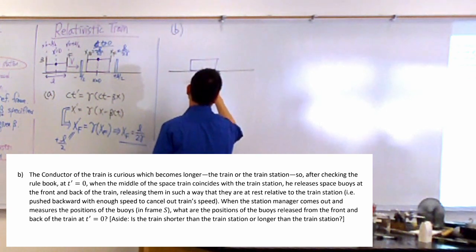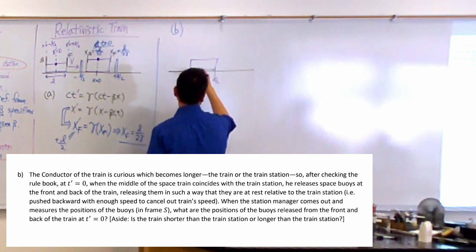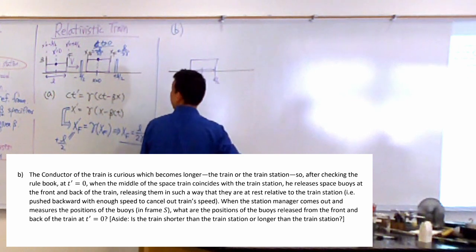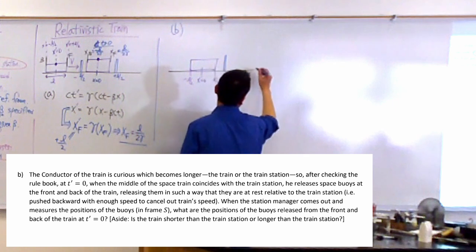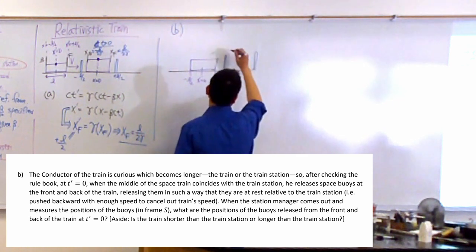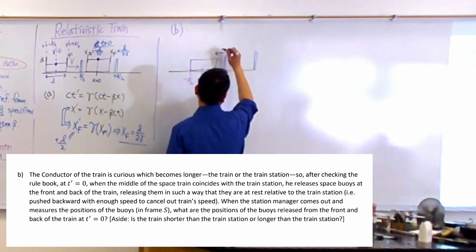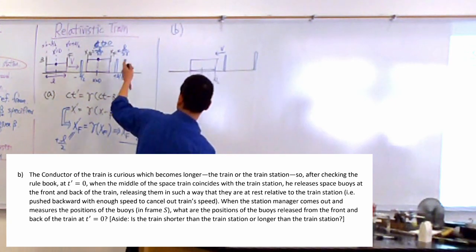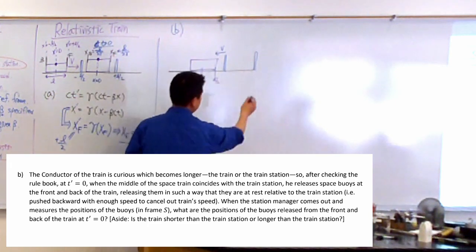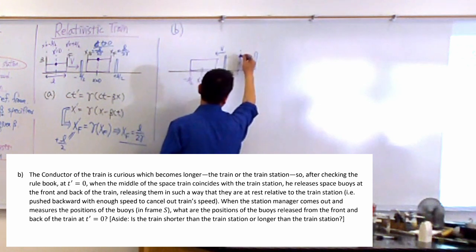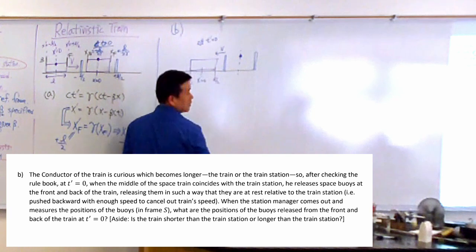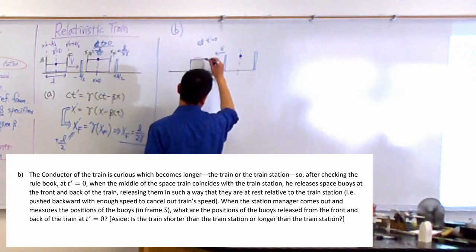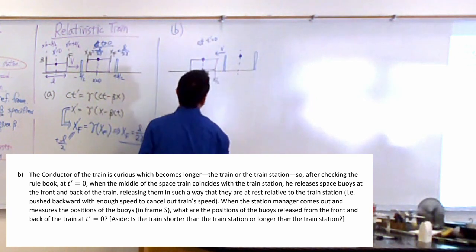This is my x prime equals 0, and x prime equals L over 2 and minus L over 2. From the perspective of the train, the train station is approaching you at some speed v. So the coordinates are still set the same way. If this is the midpoint of the train station, then at t prime equals 0, the midpoint of the train station is supposed to coincide with the midpoint of the train.